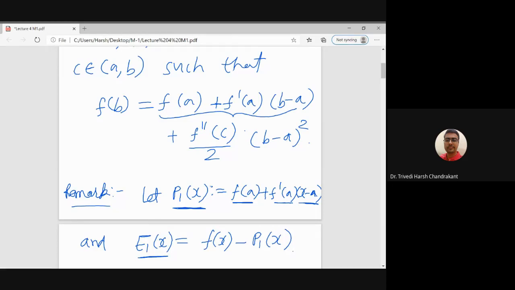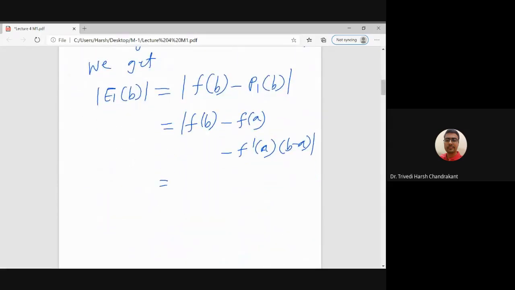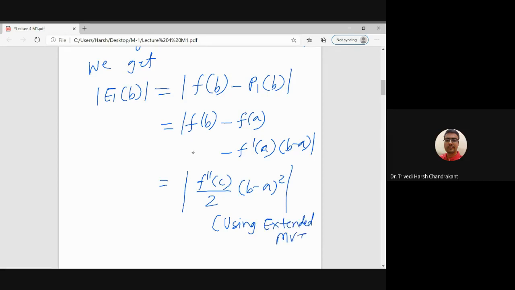So we get f of b minus f of a minus f dash a into b minus a. That is exactly that term, and on the right we will get this term. So essentially what we get from the extended mean value theorem is that this equals f double dash c divided by 2 times b minus a square. So you're right, it will be f of b only, and now here we are using the extended mean value theorem.